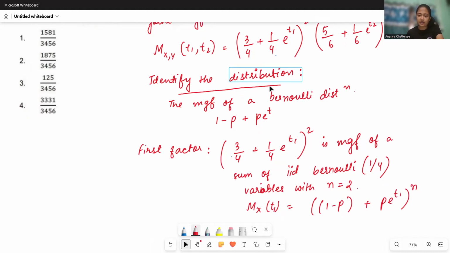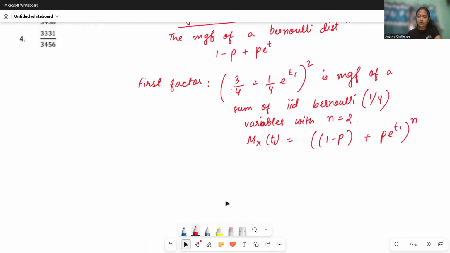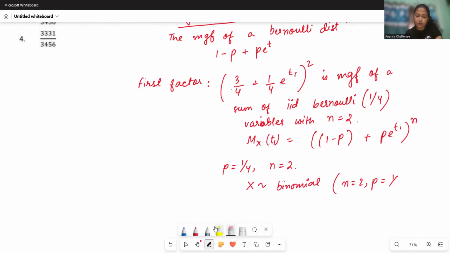Here n is equal to 2 and p is equal to 1/4. So X belongs to binomial with n equal to 2 and p equal to 1/4, right?